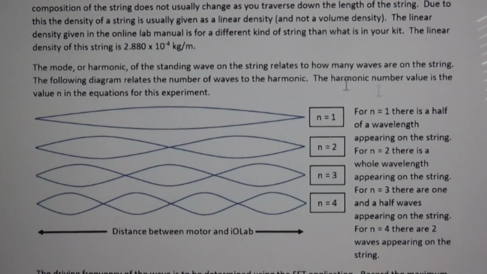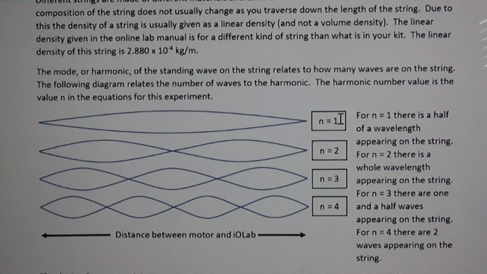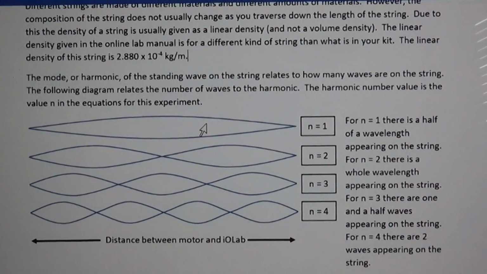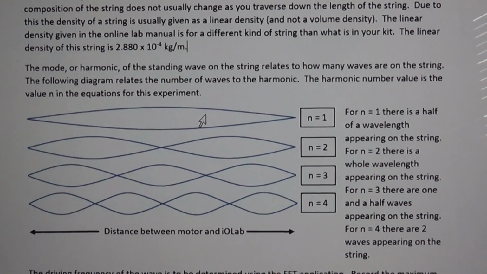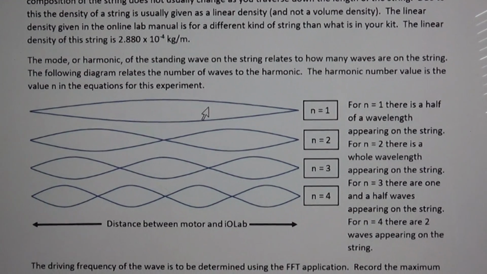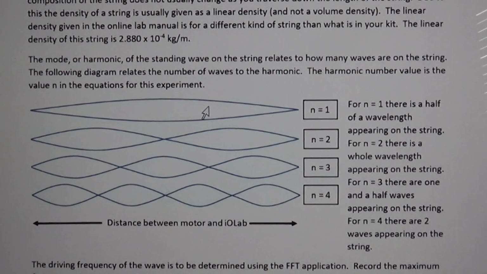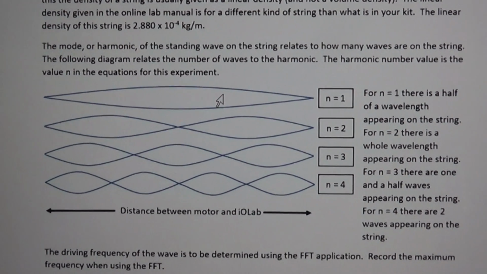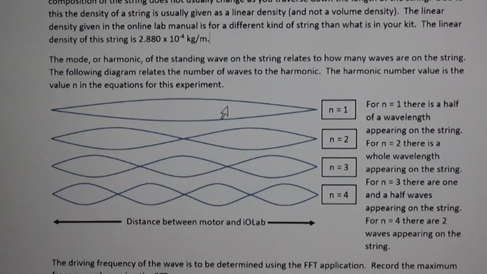For n equals 1, you have this type of waveform on the string, which unfortunately we cannot get for this setup because it would require too high a tension, too high a force. It would exceed the 10 Newton limit that your IOLAB has.